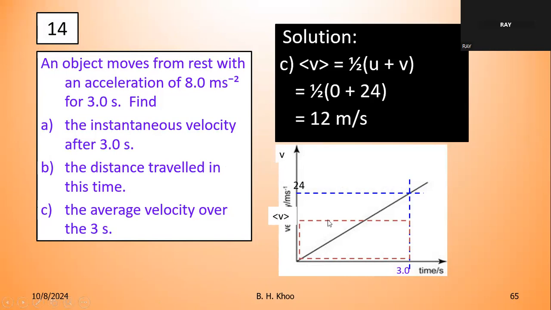When we say average, we mean if you travel the same distance in the same time, you use the same velocity throughout. That's all. So the area of that rectangle equals the area of the triangle. That's what we are doing. Okay with that?